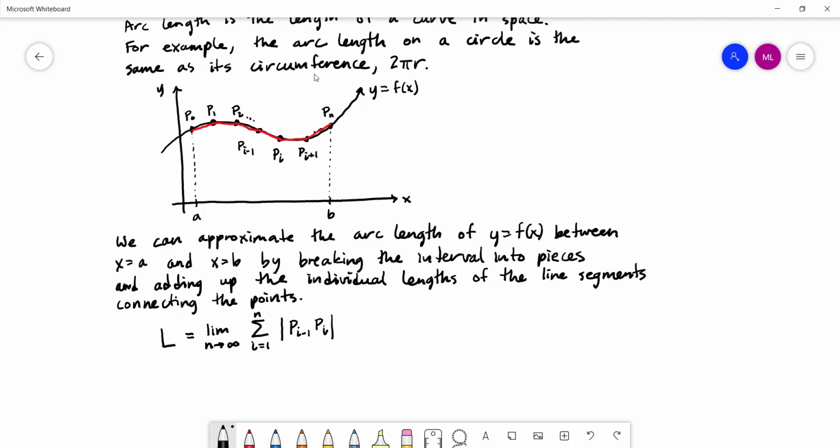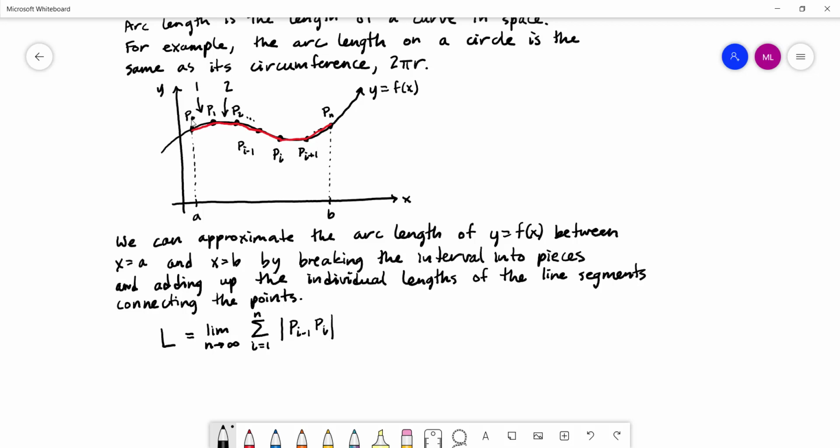I'm going to think of this first interval here between p0 and p1 as interval 1, and this interval here is interval 2. And the length of the first interval, if I look at this, when i equals 1, needs to correspond to the first interval. And when i equals 1, the points that I'm going to be looking at are going to be p_{i-1}. So if i is 1, when I subtract 1, it'll give me 0 here, and p_i itself, which will be 1.